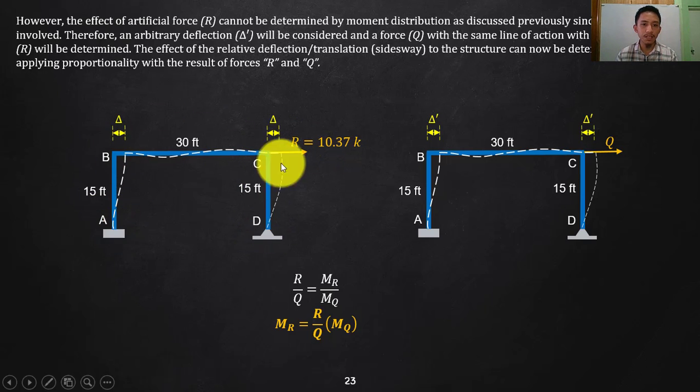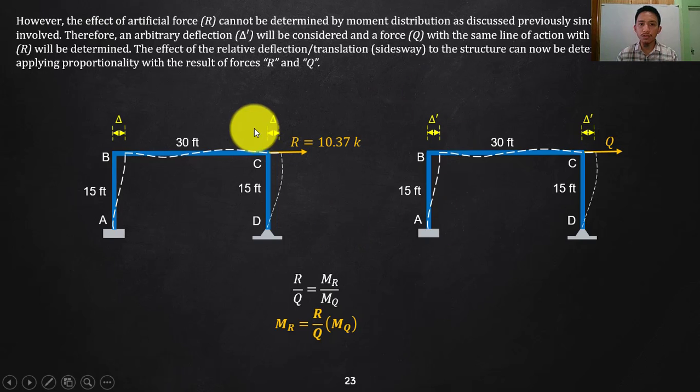You cannot solve the end moments due to that R, even if you try to think of a way to solve that one. And again, that R will give an effect due to that delta. So again, there is no way for us to solve for the moments at the end joints of your members using that R, since that is actually not a member force. So you cannot solve the fixed end moment of any member of this. So you cannot use the moment distribution.